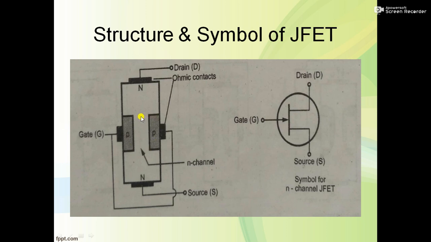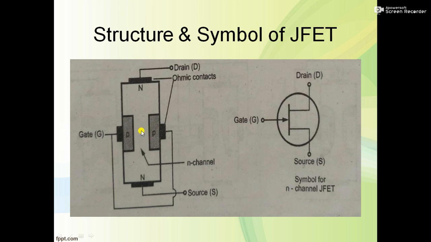And another thing, the P-type material: these are heavily doped electrodes of P-type material, and they form the PN junction on each side of the bar.